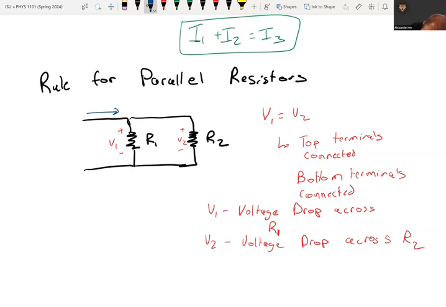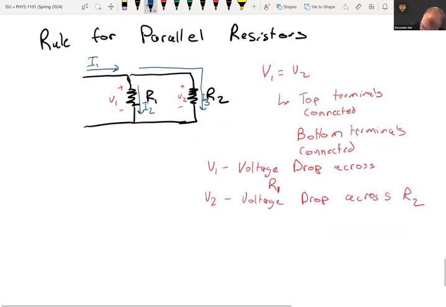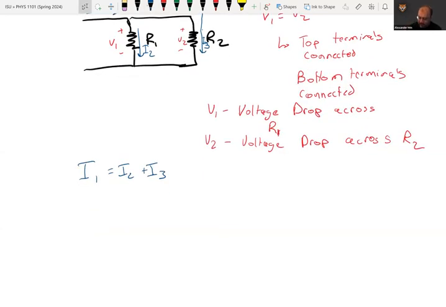Let's say we just have I1, we'll just do this like we did before, and then we have I2 and I3. Again, you have to remember that because this is just a straight shot, I3 is going to go from the junction all the way down. Now, Kirchhoff's current law gives us I1 equals I2 plus I3.